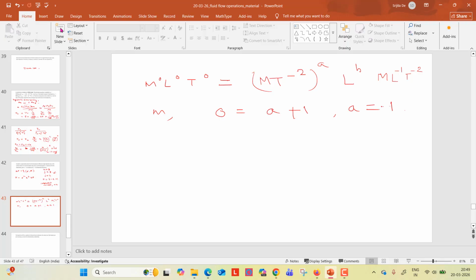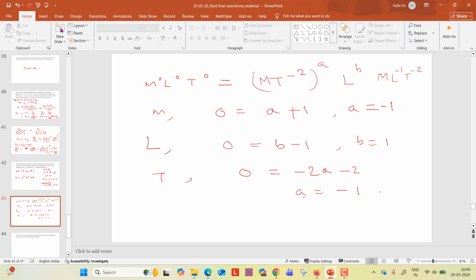For L it is 0 equals b minus 1, that is b equals 1. And if you similarly compare T, it will be 0 equals minus 2a minus 2, that means a equals minus 1, right?